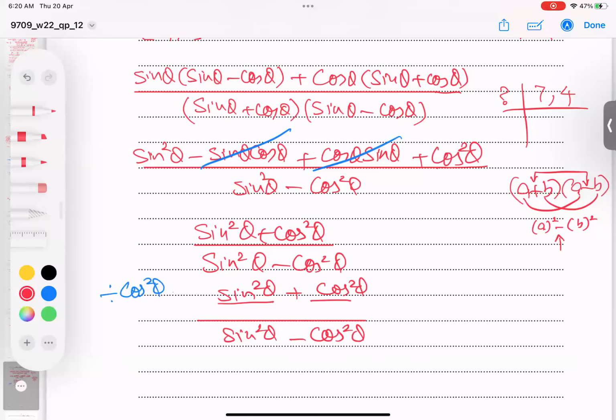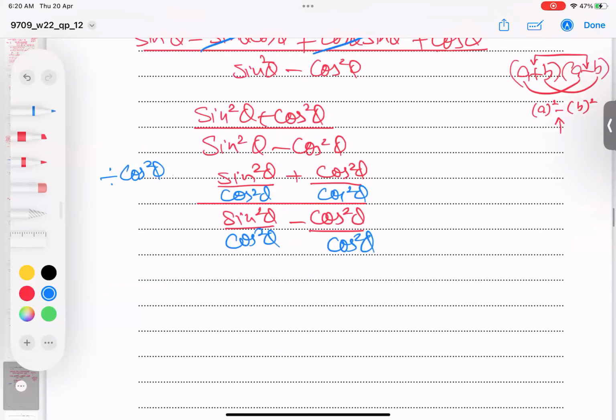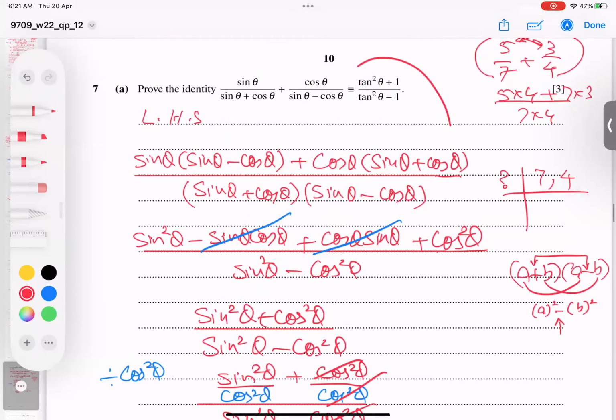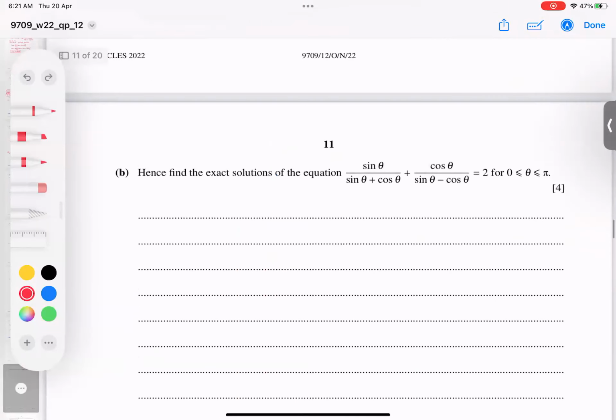But I'm dividing both by cos square theta, this is allowed. What you do up, do the same down. You can see that this cancels, this cancels. Sine by cos becomes tan. Tan square theta plus 1, and sine square plus cos square gives tan square theta minus 1. So it equals the right hand side. Proved. It matches. So let's go for the next part.